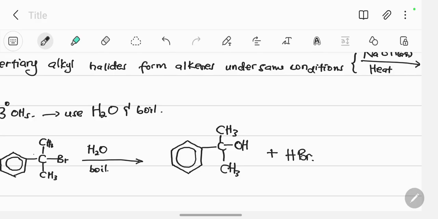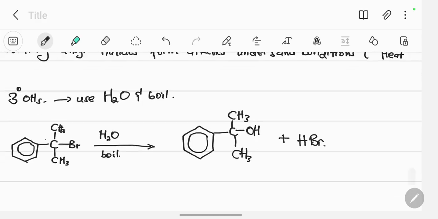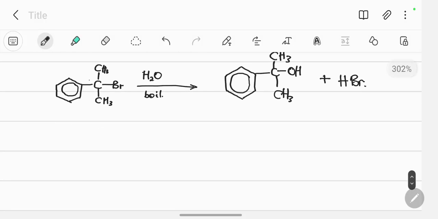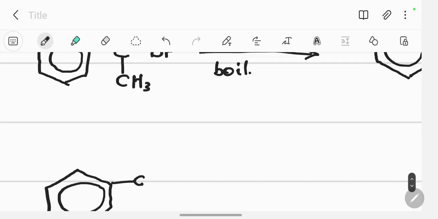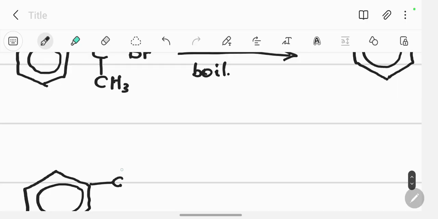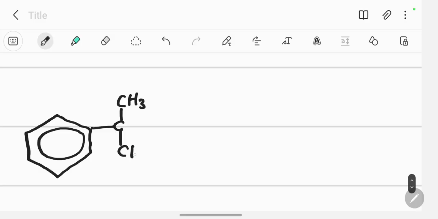So our mechanism is going to be this. Your benzene ring, CH3, bromine, negative, partial positive.